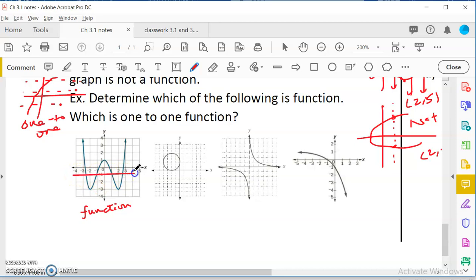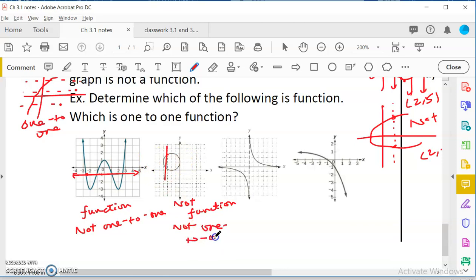No, because I draw a horizontal line and I have 4 points, so not one-to-one. What about this? If I draw a vertical line here, I have 2 points, so it's not a function. To be a function, it can only cut 1. And it's obviously not one-to-one because with a horizontal line you also have 2 points.